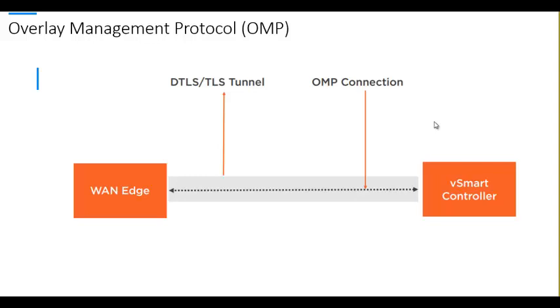So TLS and DTLS also run between vSmart and vBond. The purpose is different. The purpose of this protocol, TLS and DTLS, you see there, is only for tunneling, forming the tunnel. But the content inside the tunnel is carried through OMP.